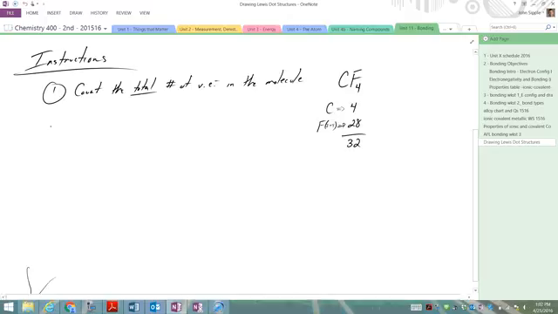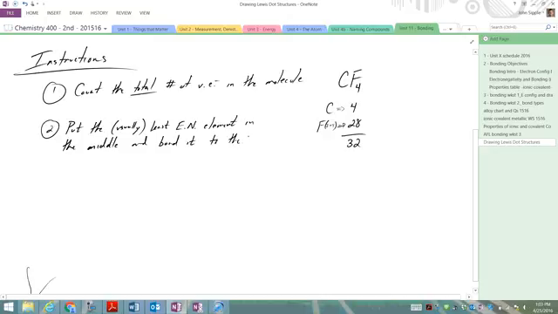All right. So next thing, we want to put, I'll say usually, the least electronegative element in the middle and bond it to the other atoms all around it.